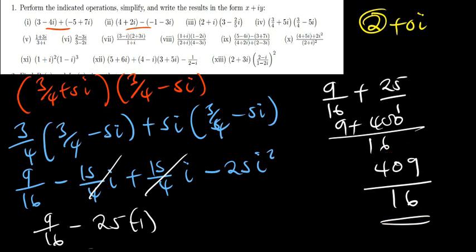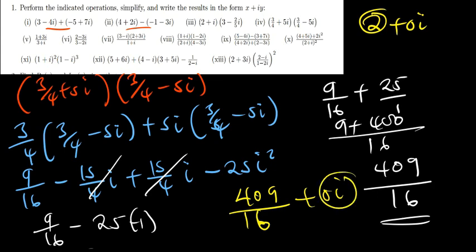The one which has got i, in this case, this can be written as 409 divided by 16 plus 0i. So 0i is the imaginary part, 409 over 16 is the real part. Because we are supposed to write this in the form x plus iy, it's supposed to be 409 over 16 plus 0i, as simple as that.